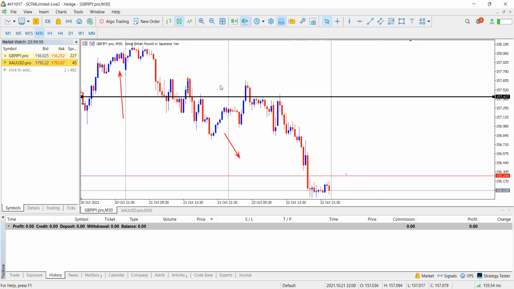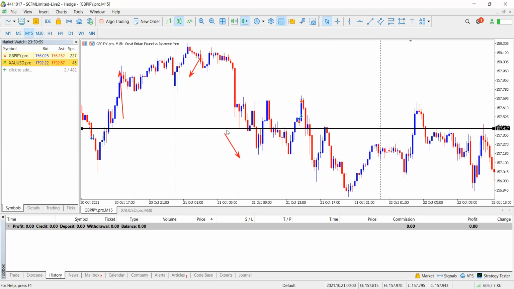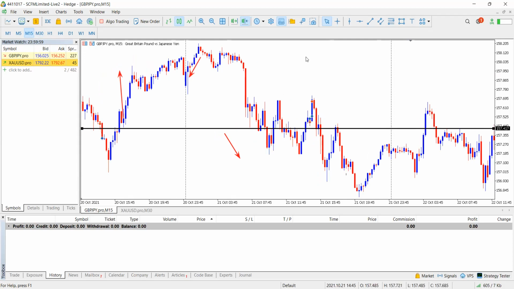So as soon as the second 30 minutes candlestick opened, this one, I took my trade. I took my entry.